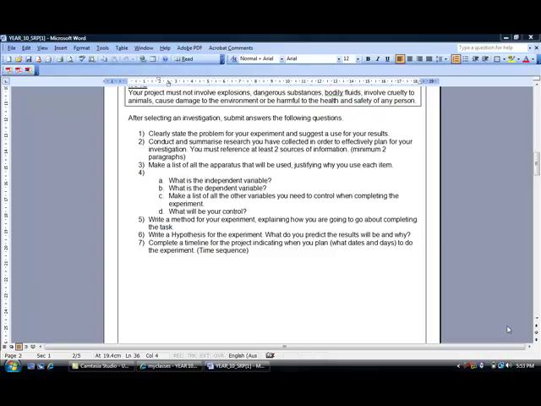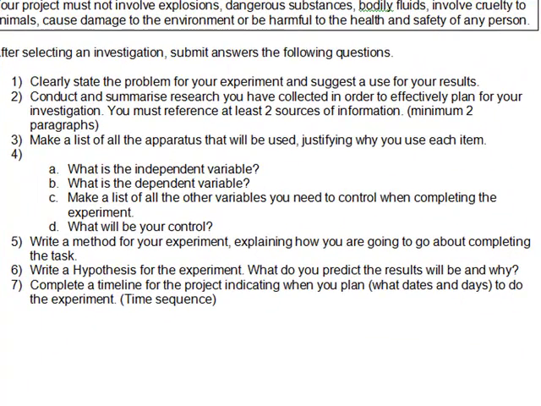If we are not keeping those things the same, then our experiment is not a fair test and our results are not reliable. Now, it's very important that you include a control in your experiment. I guess the reason for including a control is so that you have a baseline to compare against.